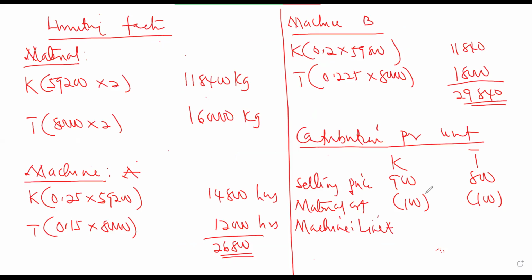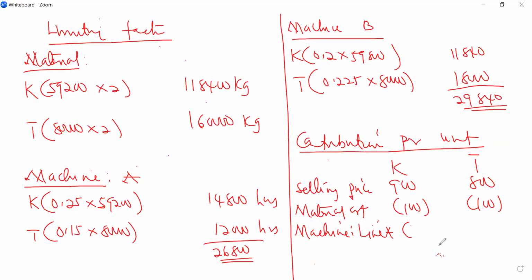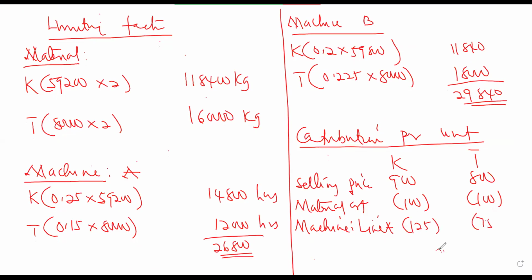It will be 125, so 0.25 multiplied by 500. Okay, 125. That will give us 75.